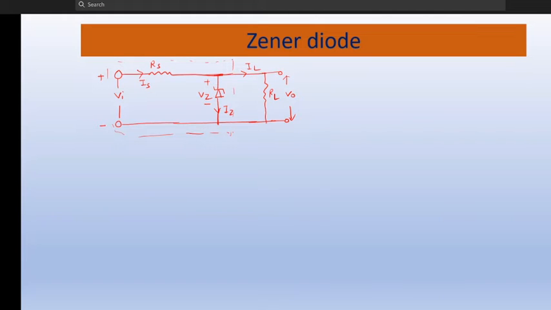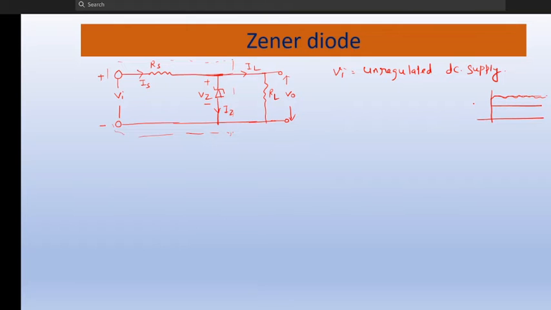So if it is a DC supply, Vi is an unregulated DC supply, because when we do rectification using a diode, AC to DC conversion, that is not pure DC, right? There are some ripples in it. That means the input supply is not like this. There are some ripples in it, right?